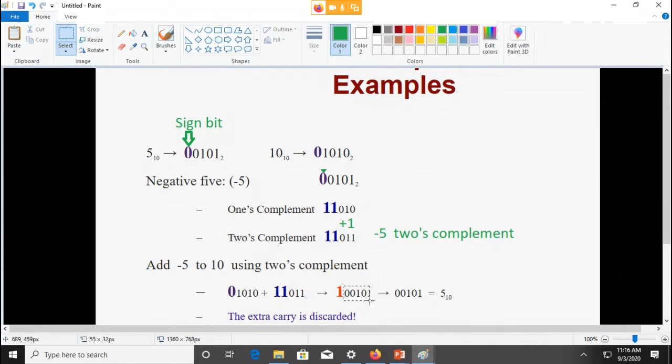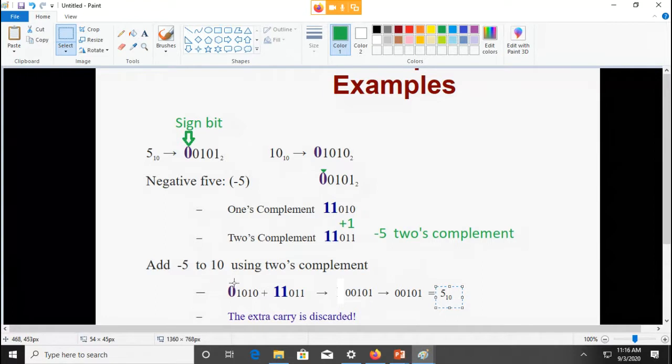And that gives us this 5-digit number here, 00101, which is a +5, and we're going to ignore the carry. This 1 is a carry. We're just going to ignore it. Forget about it. So we end up with a positive 5.